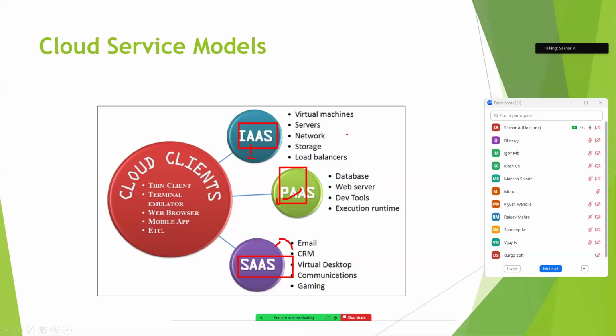Next, what is infrastructure as a service? Server, storage, network, and database all come under infrastructure as a service. So when you go for infrastructure as a service, they provide the servers, that's it.